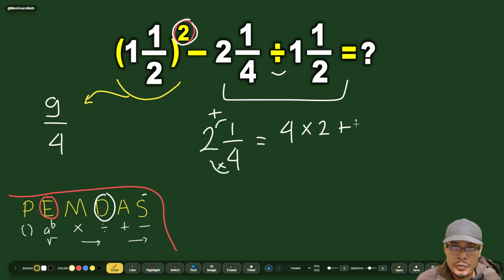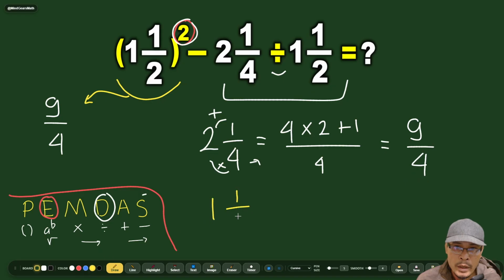Division sits above subtraction, so it must go next. 2 and 1/4 is 9/4. 1½ is 3/2.